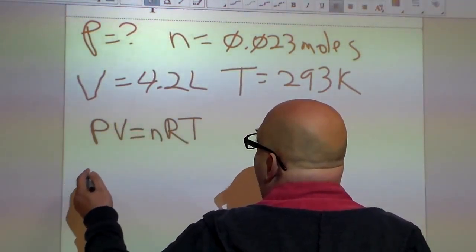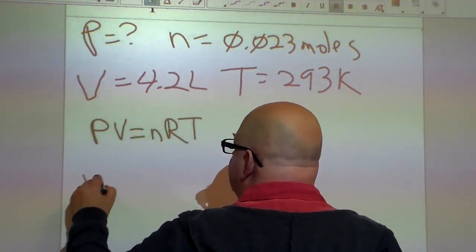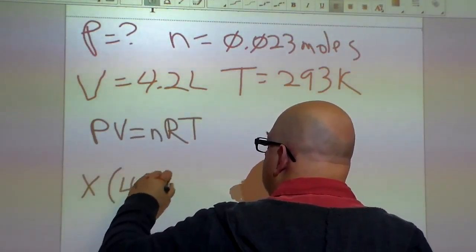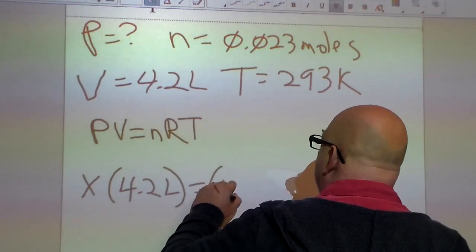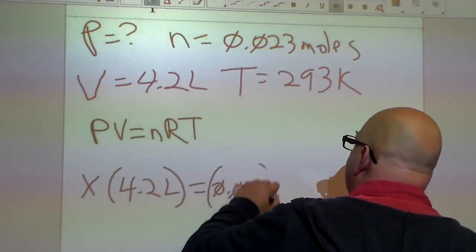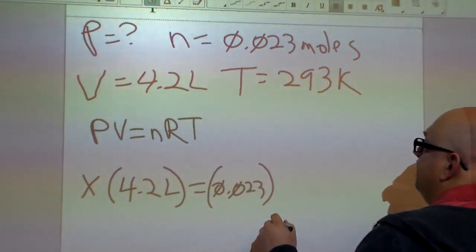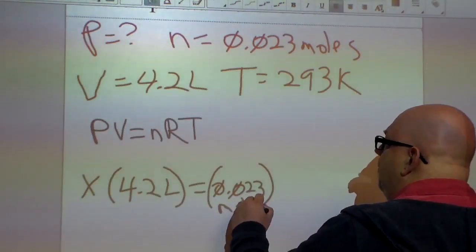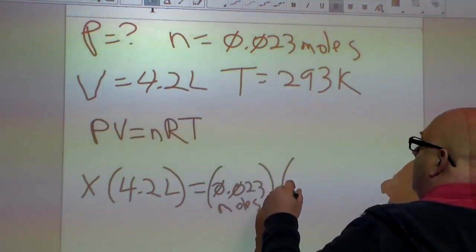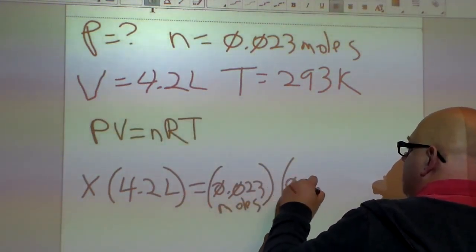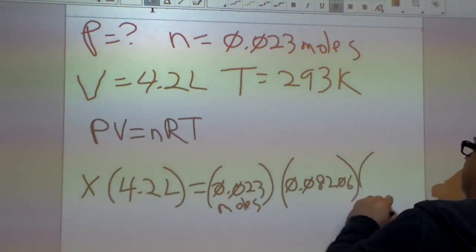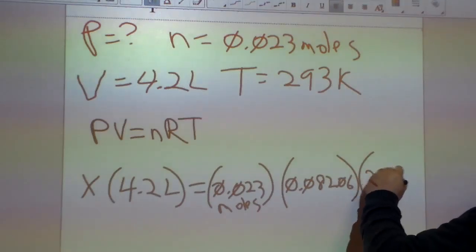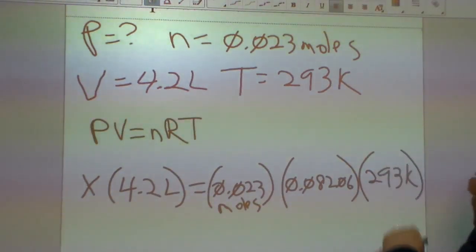We know P is going to be X, so we're going to have X times 4.2 liters is equal to 0.023 moles, okay? That's where we write in the moles, multiplied by our beloved gas constant, 0.08206, multiplied by our temperature, which is 293 Kelvin.